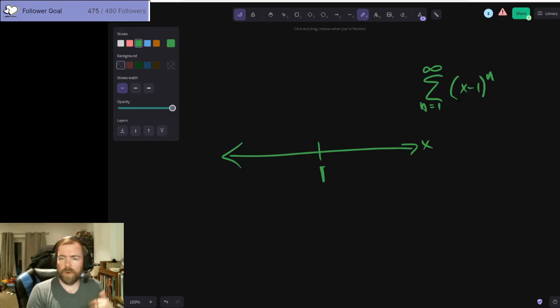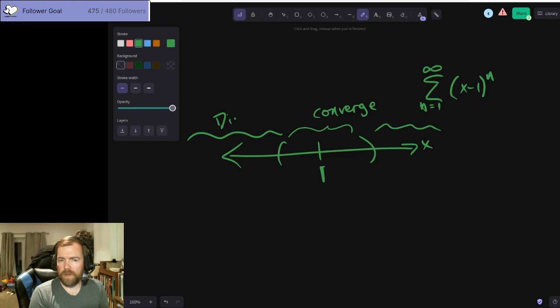Then we want to know what's the radius of convergence, so we know anything within this will converge, and anything out here will end up diverging. Convert to chicken scratch. Great.